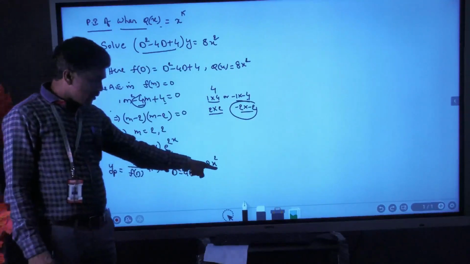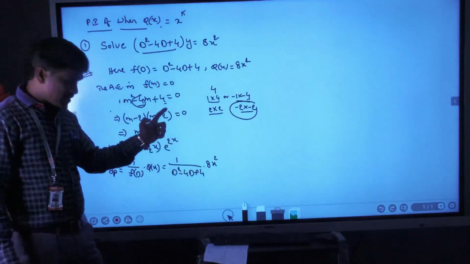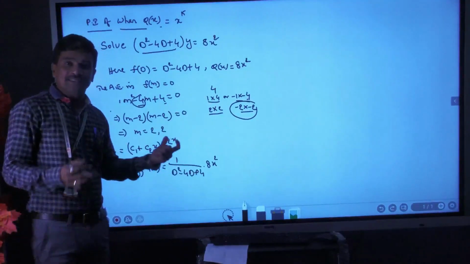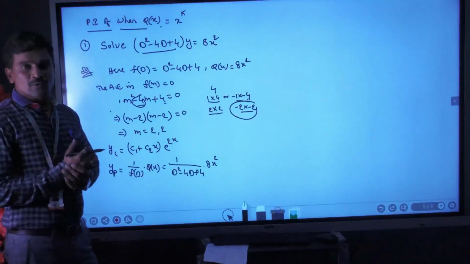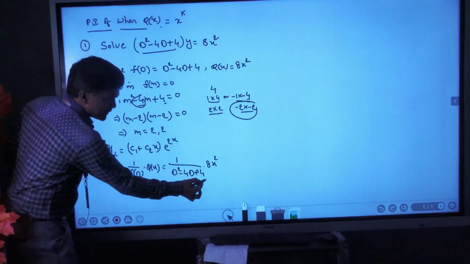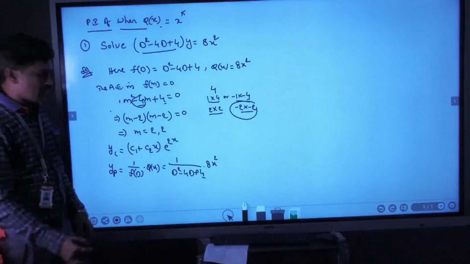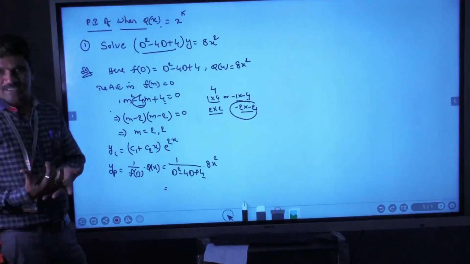Now it is 1 by f of D into Q, where Q is 8x square. So in this case it is of x power k form. When Q is x power k, first of all write f of D in the form 1 plus or minus phi of D. To write this, take the constant term 4, which is the lowest degree term.